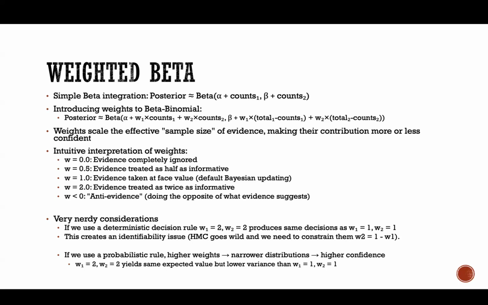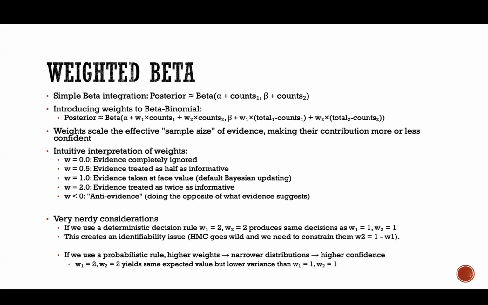Let's say the weight for my own sampling of the marbles is 1 and the weight for Victoria's sampling of the marbles is 2. That will produce the same decision as if I'm taking both of us at face value.